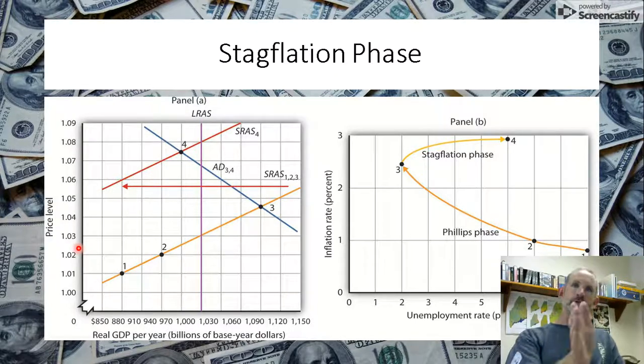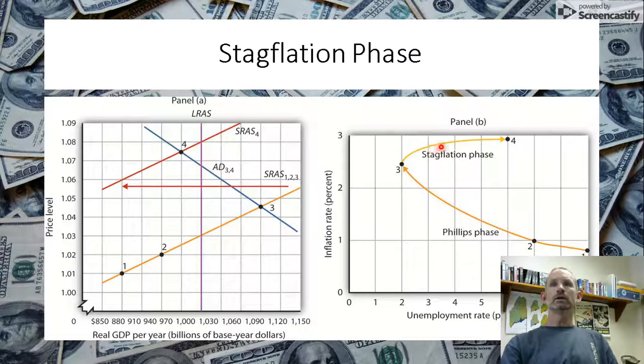As we move back to the left there, the price level is going up further, so you still get inflation, and real GDP is decreasing, which means the economy is shrinking, workers are losing their jobs, unemployment is rising. So that's what's going on in the aggregate supply and demand market. That's shown in panel B by the movement from 3 to 4, where you see a little bit of inflation along with increasing unemployment.